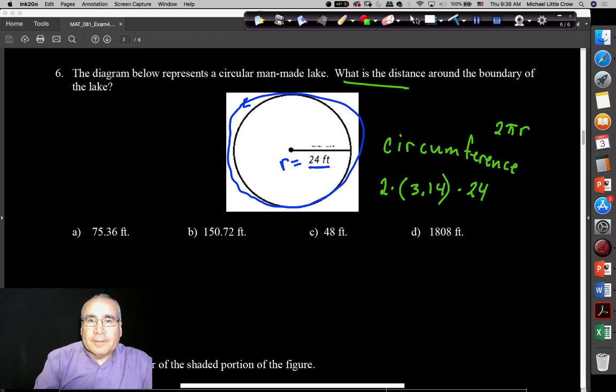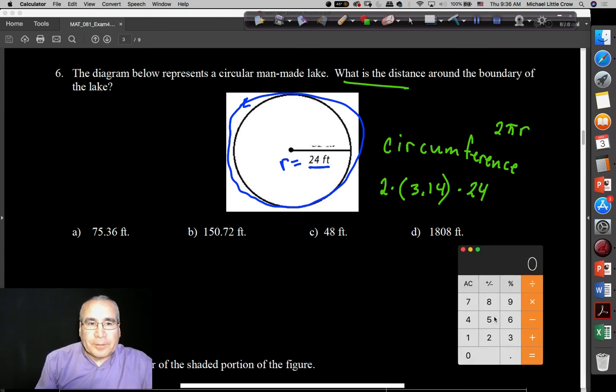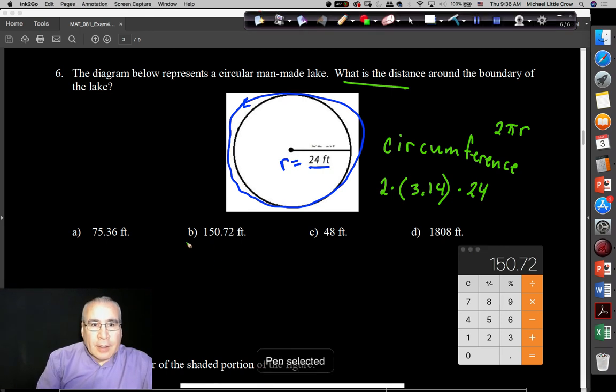And we can plug that into the calculator. 2 times 3.14 times 24. 150.72. There's our answer, B.